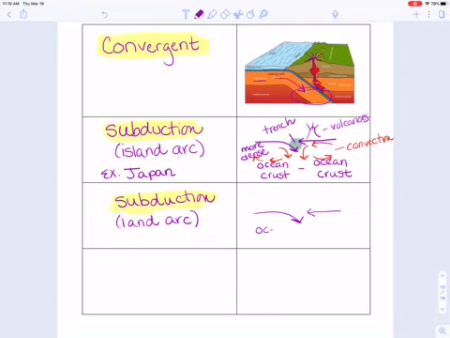So this would be our oceanic crust, and this would be our continental crust. And we are going to be making those volcanoes on land. And you're still going to get a trench. The best example for this is the Andes Mountains.